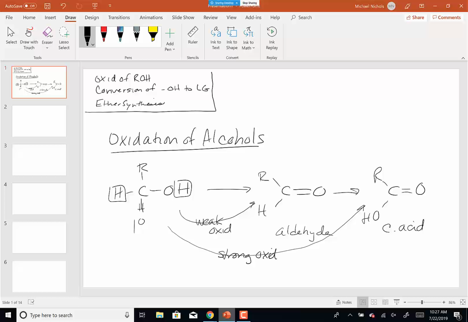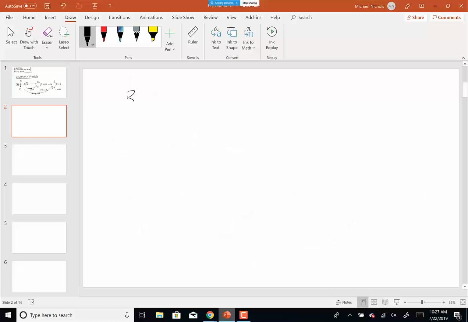And the other alcohol that we're going to oxidize is the secondary alcohol. If you have a secondary alcohol that you're going to oxidize, all it can go to is the ketone.